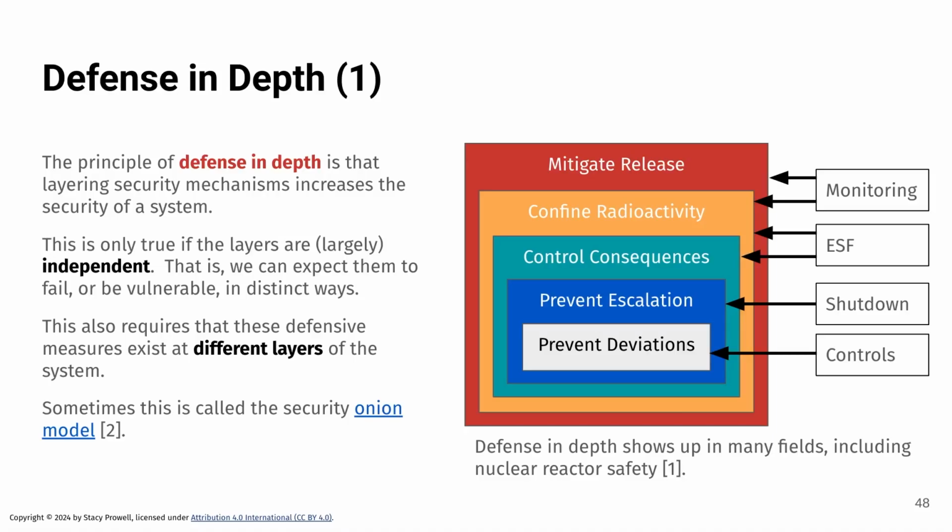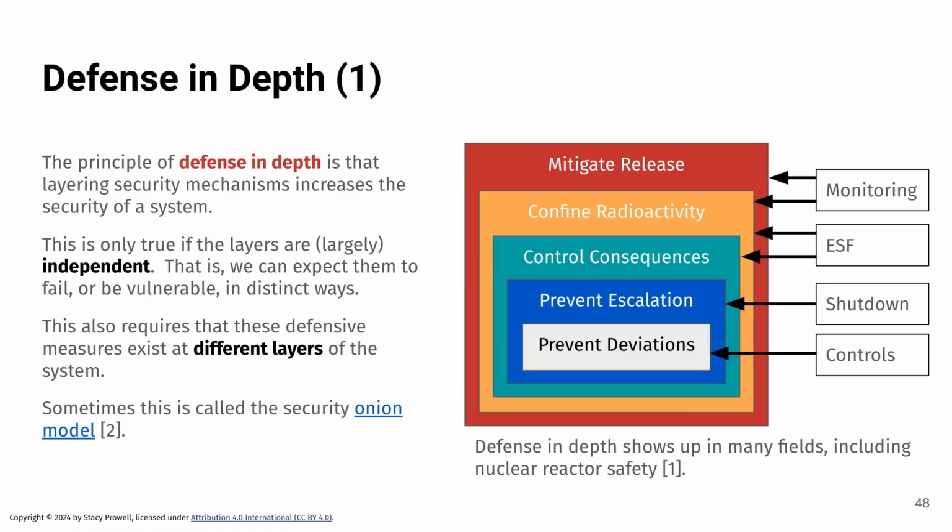All right, different layers. The different layers operate independently of each other, which is important. If you have 10 layers and each layer uses the same firewall software, once they've defeated it at one layer, they pretty much defeated it at every layer, and there's no defense in depth.